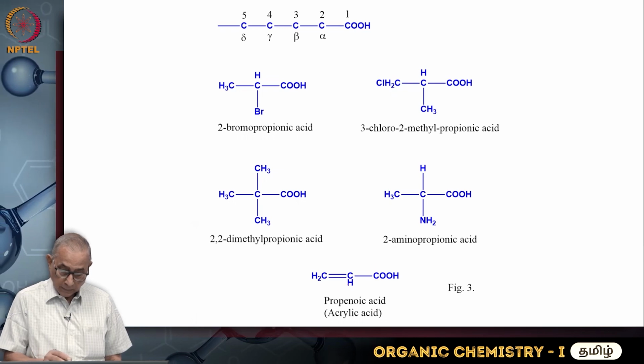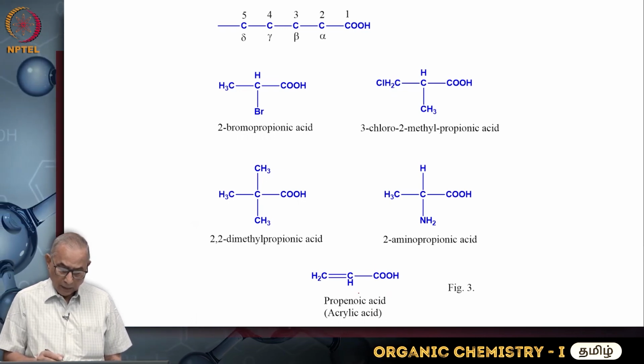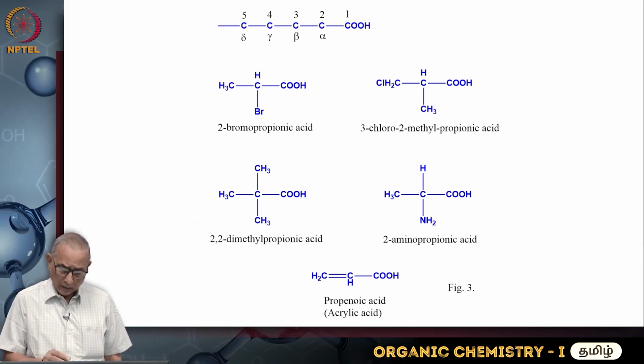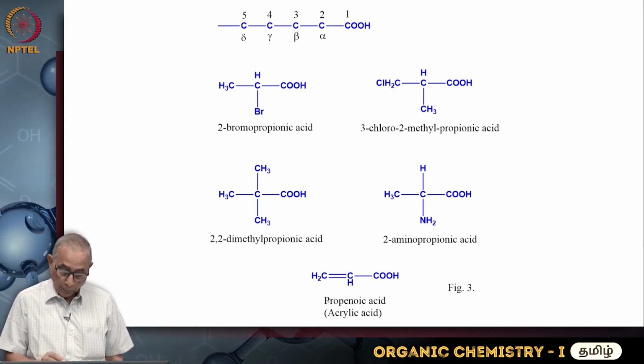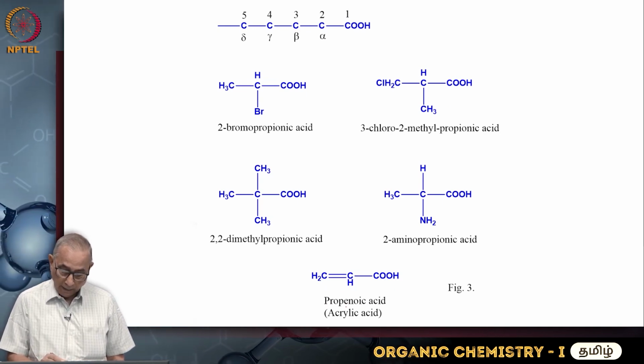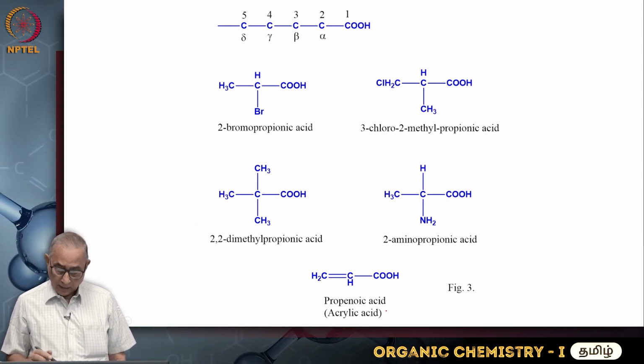And in this one there is a double bond between the second and third carbon, but it can only be between the second and third carbon. This is called propenoic acid. The double bond is indicated by En, propenoic acid. Its common name is acrylic acid.